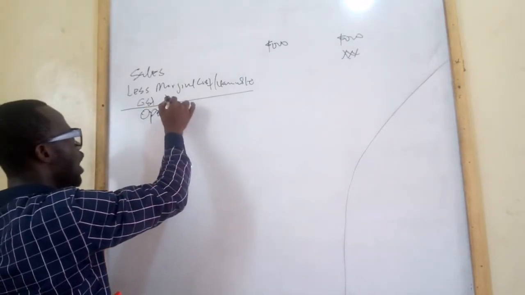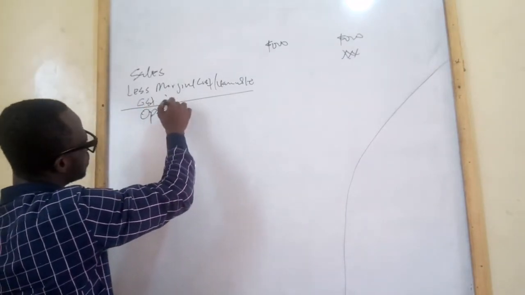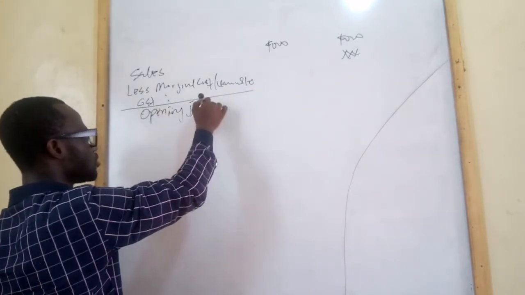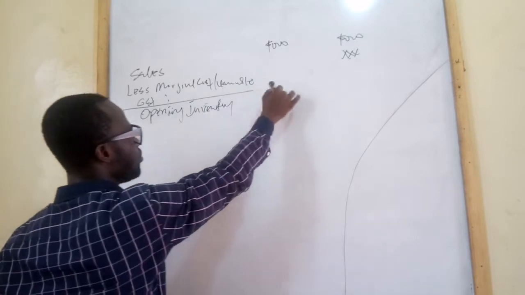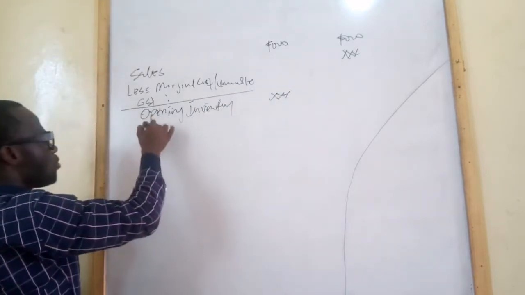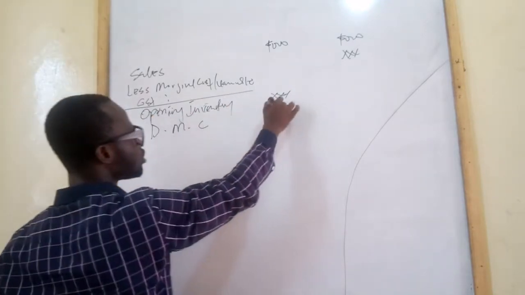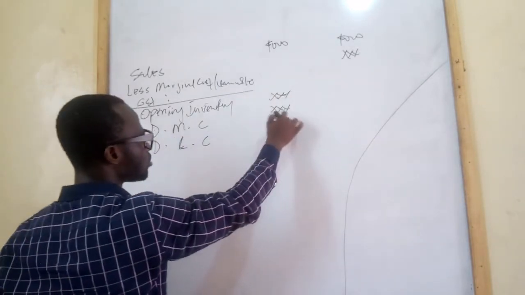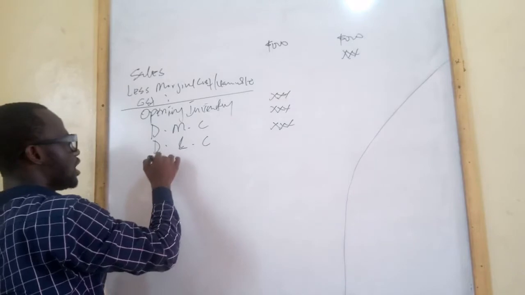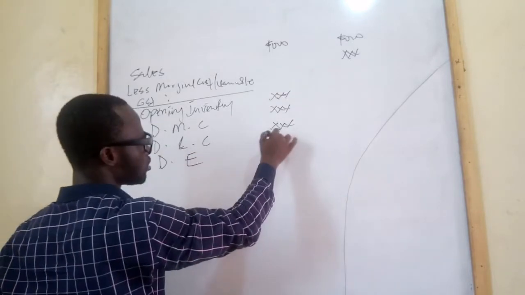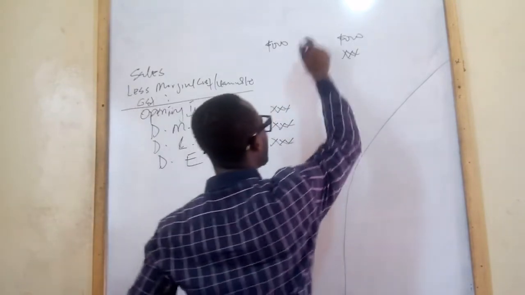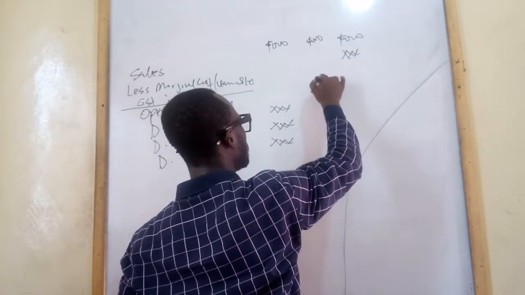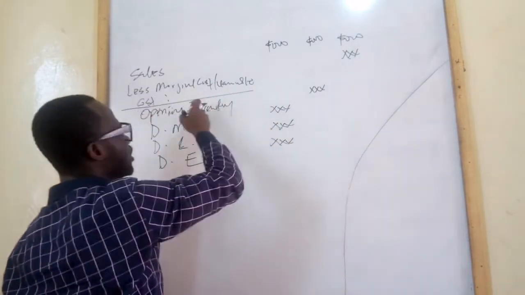So if there's any opening inventory in the question, or opening stock, we bring it. Then we bring direct material costs. We bring direct labor cost. Then we bring direct expenses. So usually, let me do 3 cash columns so that we take the opening stock.